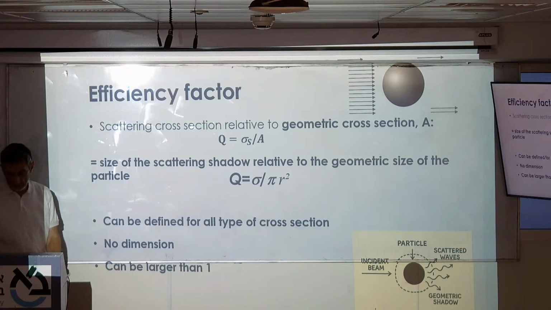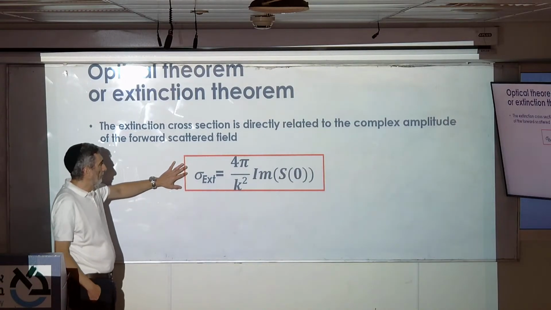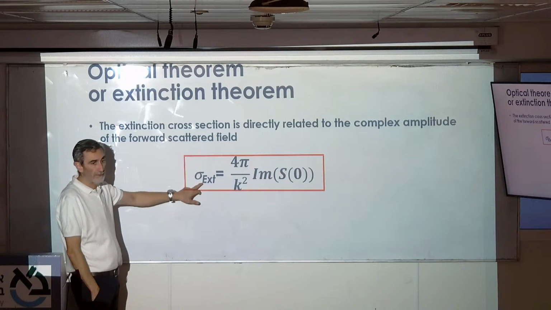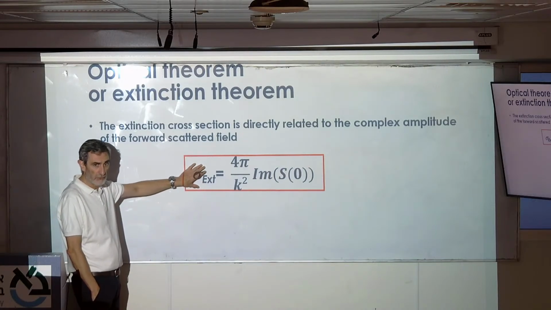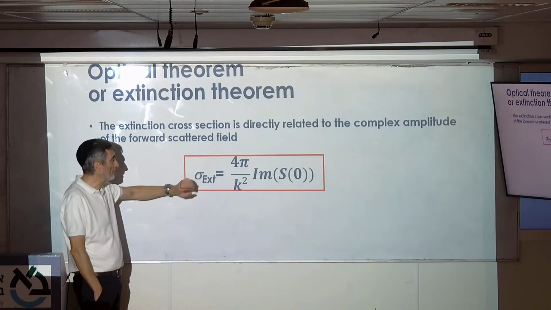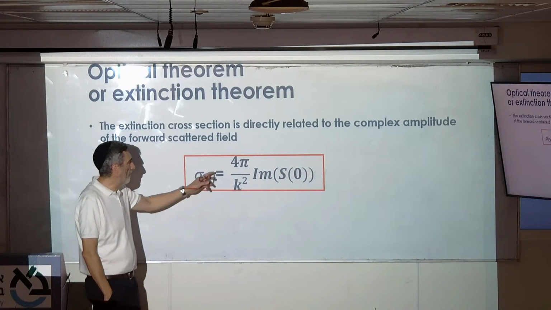So I would like to introduce you to a very important theorem. It's called the optical theorem or the extinction theorem, given by this formula here. So what do you see here? Sigma x means the extinction cross section.